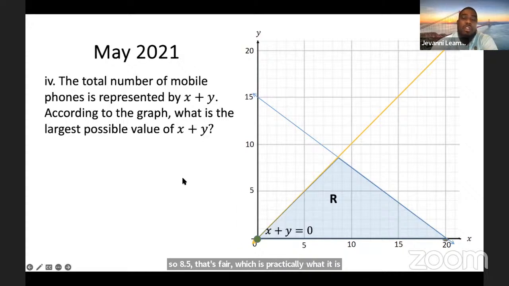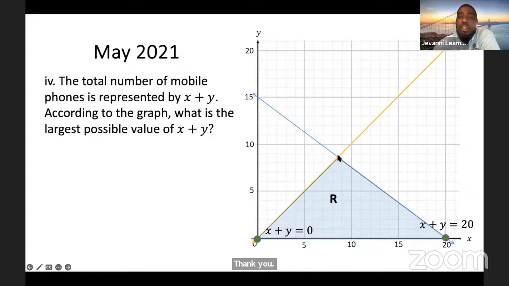The other coordinate is 20, 0, 20 on the X, 0 on the Y. When you add X plus Y, what do you get? 20. So that gives you X plus Y is equal to 20 using this coordinate.